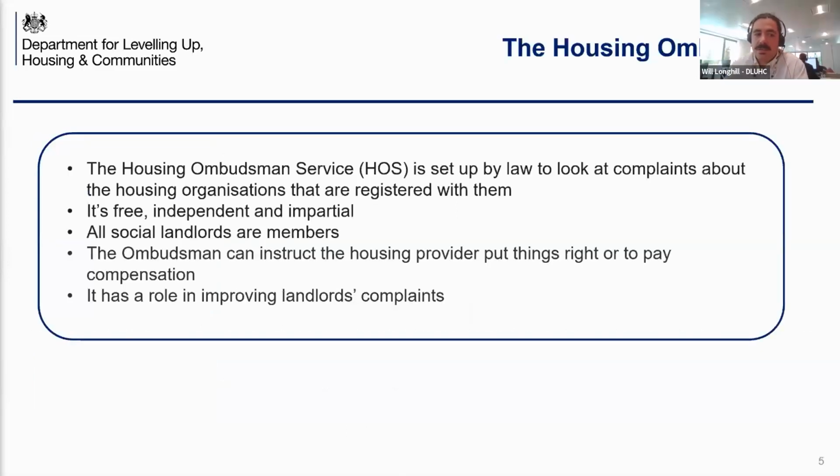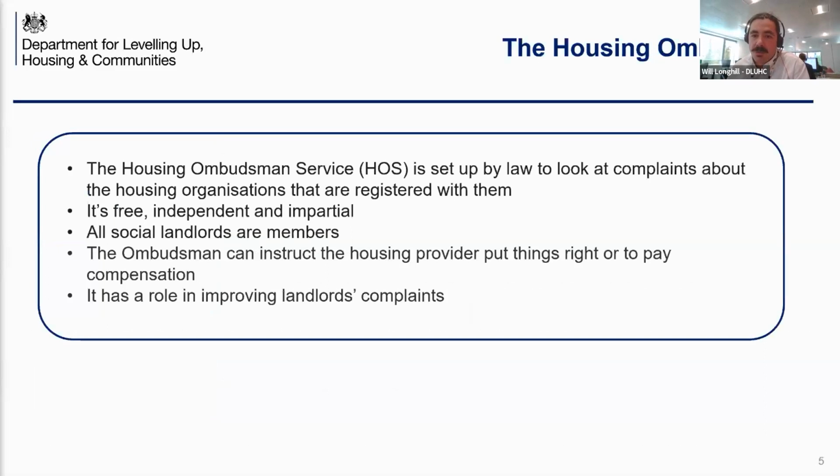Hi everyone. Yes, so Luke was talking about the standards you have to meet. What happens if, of course, your landlord doesn't meet those standards? And we were hearing earlier about the complaints process, but if you don't get what you need through your landlord's complaints process, then the Housing Ombudsman is there to help you out.